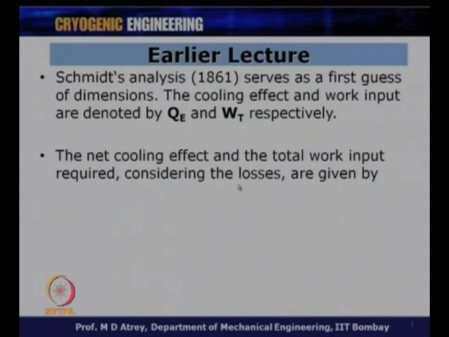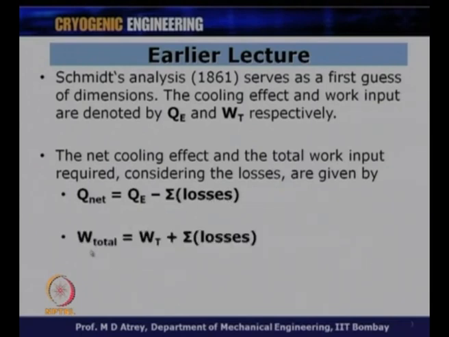So, if we consider the losses, the Q net, that is the actual cooling power delivered, will be QE predicted by Schmidt's analysis minus the various losses in a system, so minus sigma losses. Similarly, the work input W total is equal to WT predicted by Schmidt's analysis plus the various losses, that is plus sigma losses.